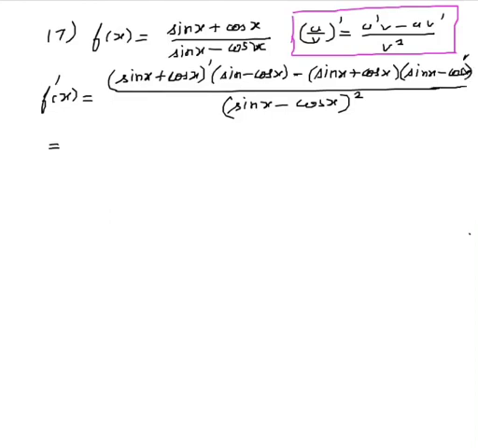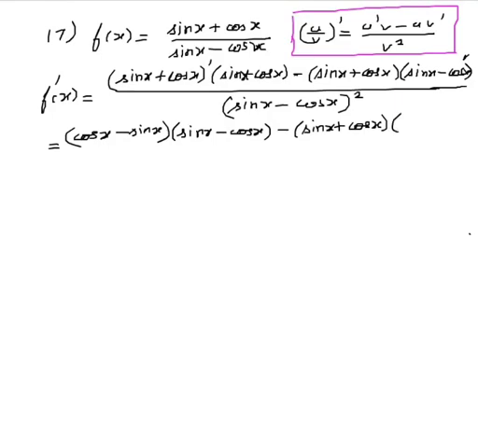Let's differentiate. Differential of sin x is cos x and differential of cos x is minus sin x. Into here we have sin x minus cos x, minus of (sin x plus cos x).